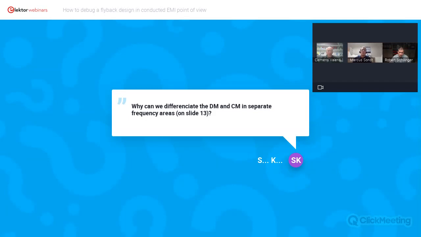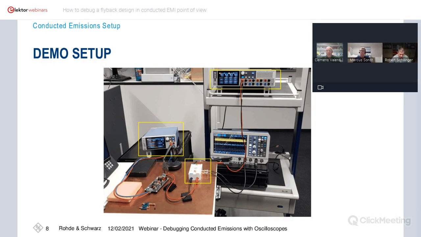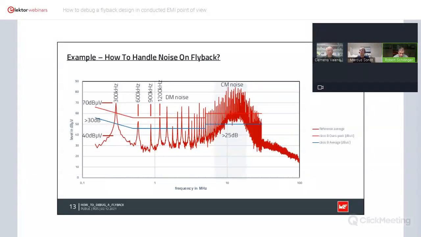Okay, this one refers to slide 13. Yes, it's a good question, because I print the differential mode and common mode noise. Because of experience, I take a lot of measurements and split them, and I know where common mode noise and differential mode noise happen.